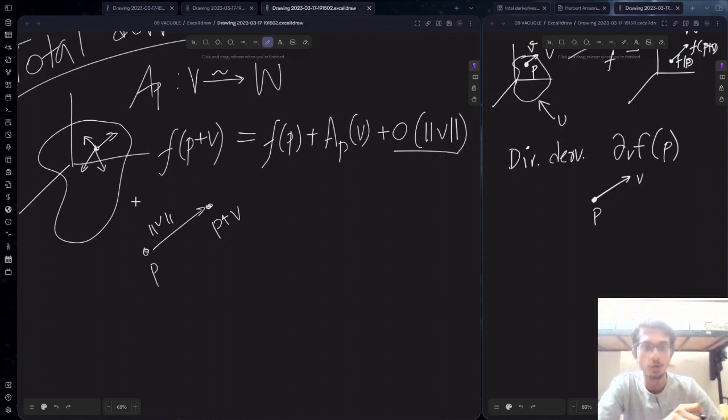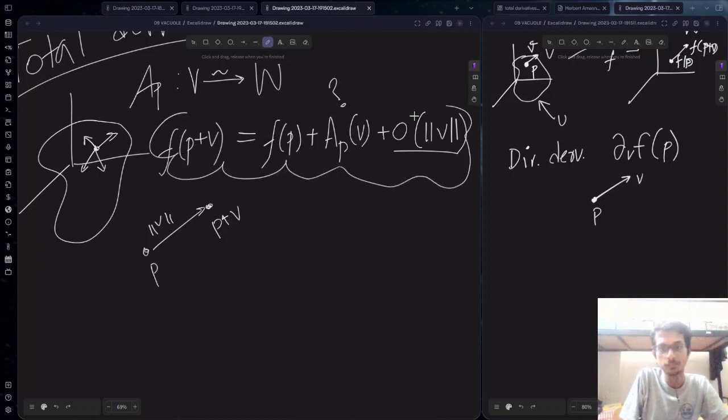And the way to make them proper is if I divide everything in this equation by mod of v, but this does not exist yet. I mean, we are considering this might exist. If I divide everything by mod of v, and then ask the question, what happens if the mod of v goes to 0, that error term should go to 0. So I want something of this form.